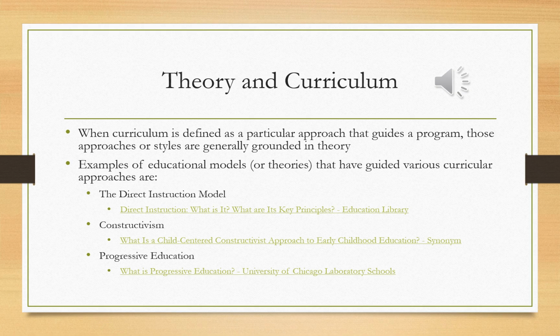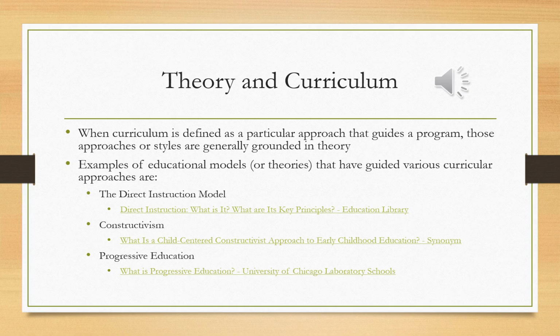If you are making play-based curriculum choices, you probably have a particular theoretical orientation, more than likely constructivist or progressive education, whereas if you are more comfortable with a traditional elementary school model where the teacher stands up front and delivers instruction to children, you're probably more behavioral or a direct instruction person.